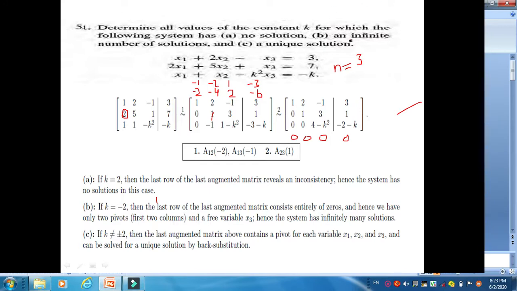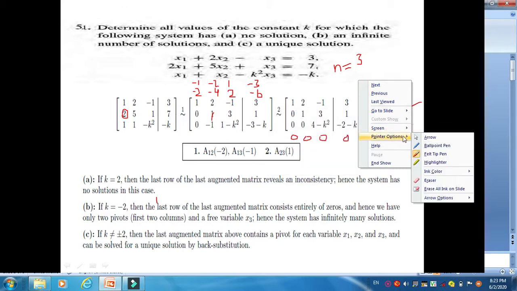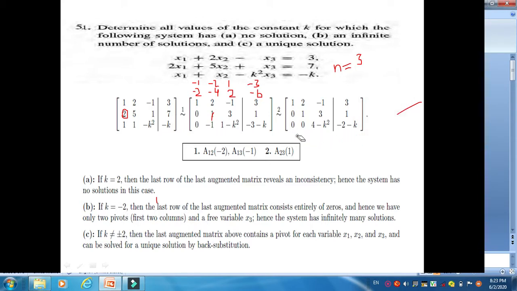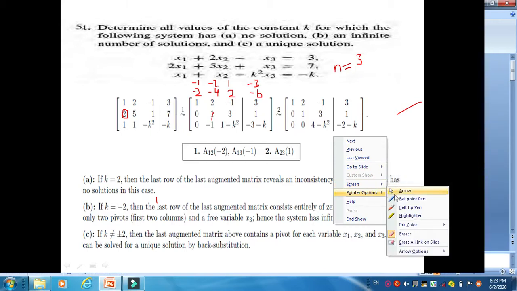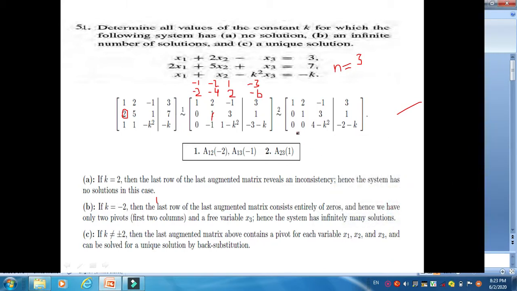We may check here. First I erase these values. So in order to find a unique solution, let's suppose all the values of k except plus or minus 2. Let's suppose 3. If you plug in 3 in place of k, the entry is equivalent to 0. 4 minus 9 is minus 5.